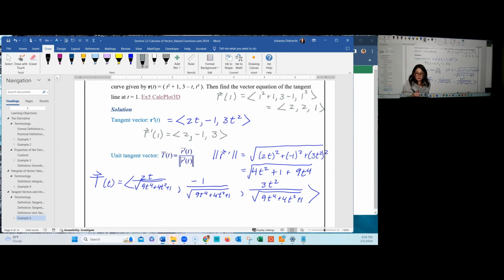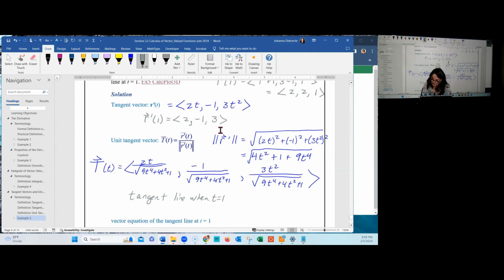So in order to get the vector equation of the line, what I do is I take my position vector of the point. So this is my tangent line when t equals 1. And I'm going to take the point that is the vector position, which is going to be 2, 2, 1, and add to it all possible multiples of 2, -1, 3, right?